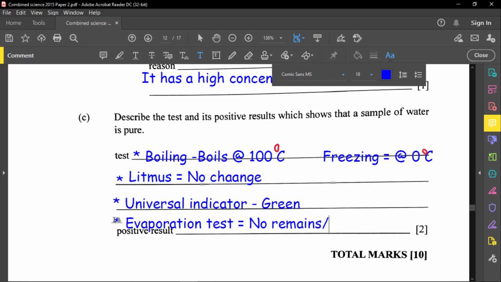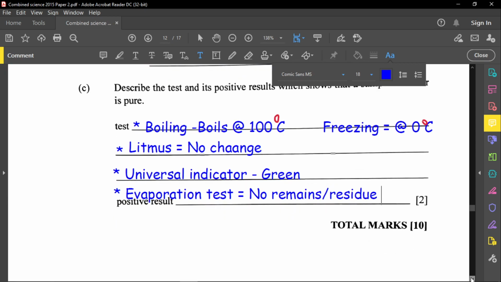For example, if water contains salt, then when you evaporate the water you will see the salt remaining in the container, or particles of deposit. Once it's pure, the container should be left clean, with no form of residue and no salt remaining. So that's five tests you could do.